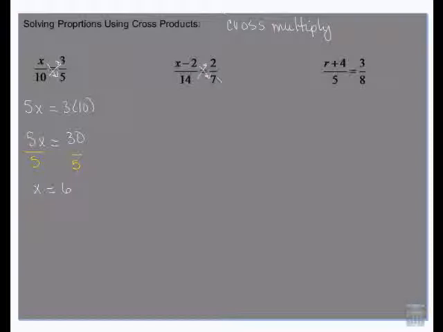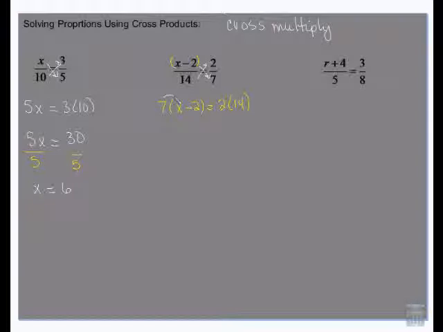It'll be the same thing here, except instead of being 7x, I'm going to have 7 times x minus 2, because I have to multiply this entire quantity times the 7. And that'll be equal to 2 times 14.